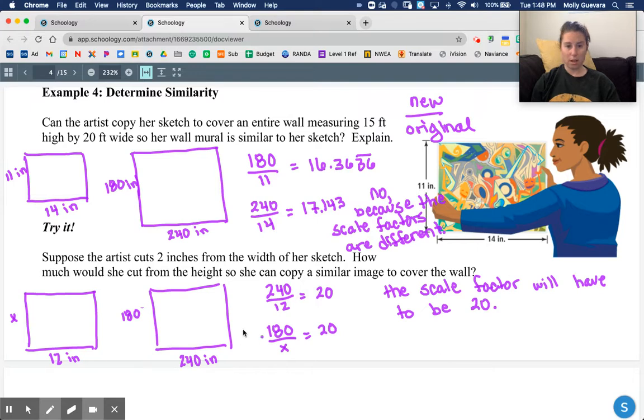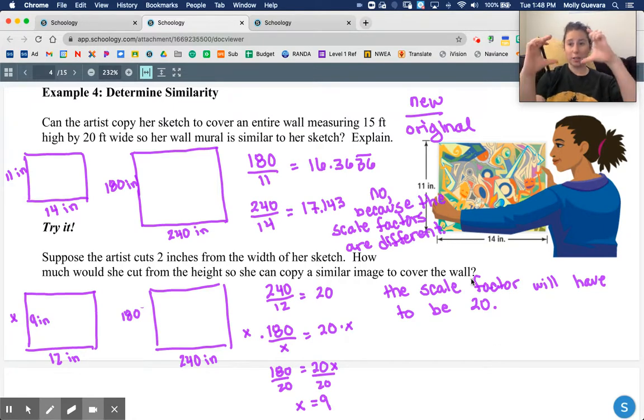So let's solve. We can multiply by x, and I get 180 equals 20x, divided by 20, divided by 20, and I get x is equal to 9. So this has to be 9 inches in order for her sketch to fit on the wall perfectly.